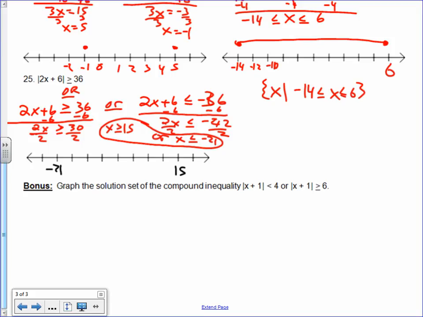I know it's not perfect, but closed circles at both. So if we're saying greater than or equal to 15, that's going to be going this way. Less than or equal to negative 21 is going to be going that way. So there's the graph. Oh, don't forget about set builder notation. X such that X is greater than or equal to 15, or X is less than or equal to negative 21.